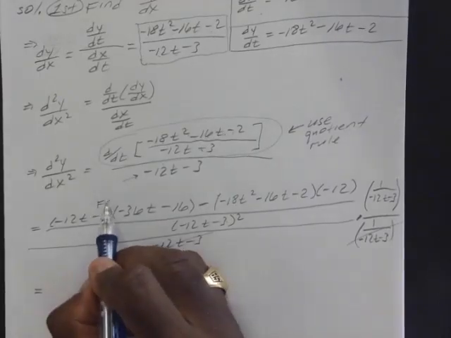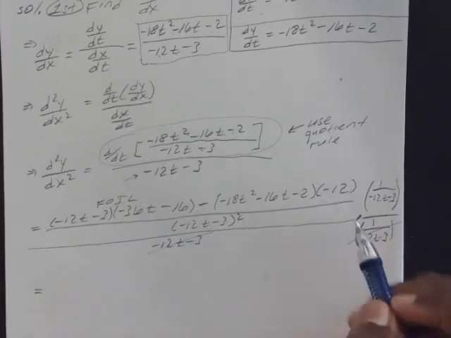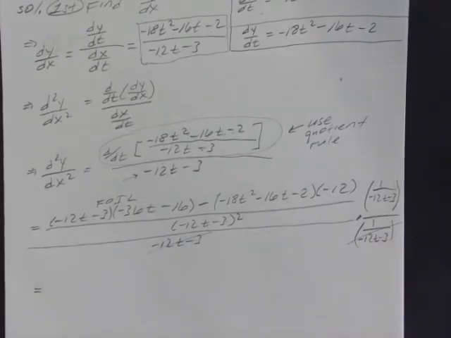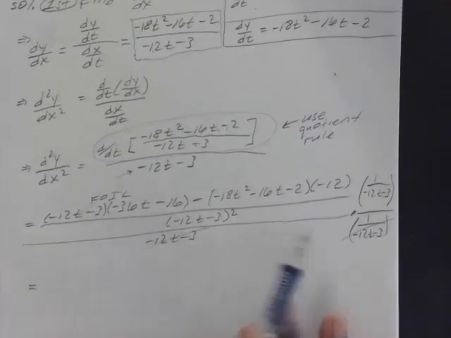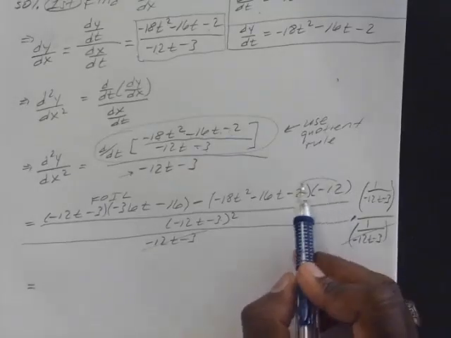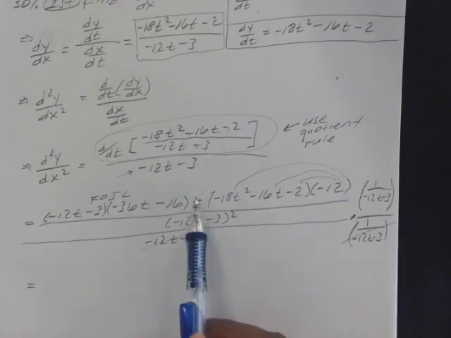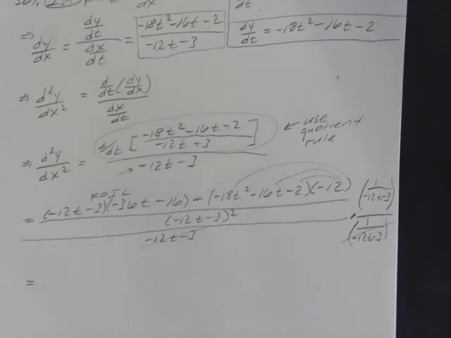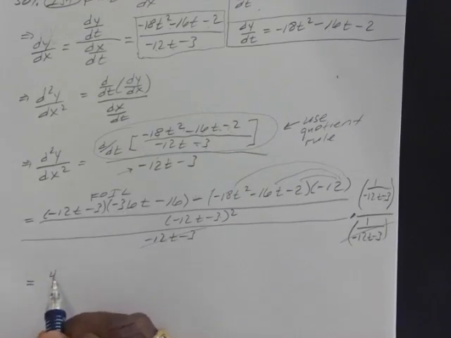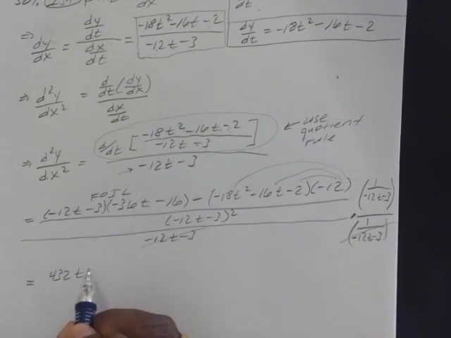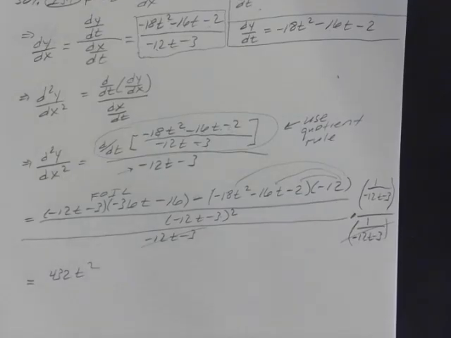Okay, but we might as well go ahead and simplify our numerators. So this first term, we're just going to use the FOIL method, and this second term, we're just going to distribute that negative 12 and the negative for the minus. Okay, so we have negative 12t times negative 36t, so that gives us 432t squared.